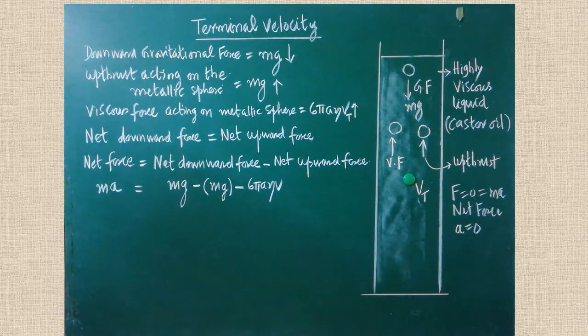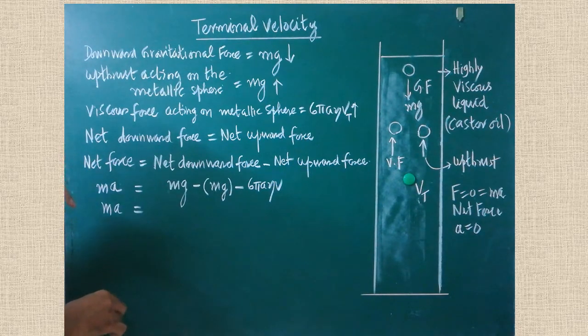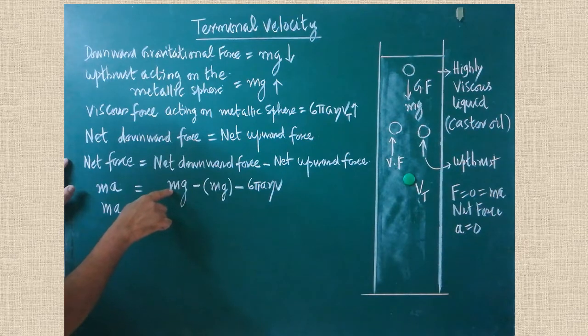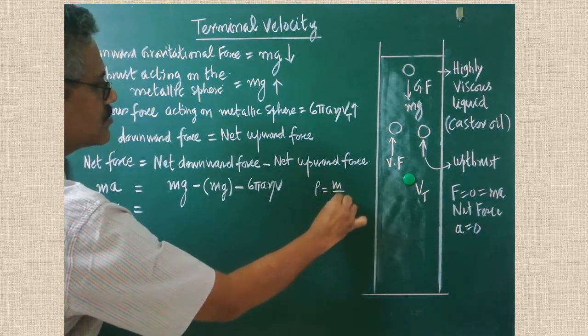Could you understand this? Here ma is equal to, here what is mg? Mg is nothing but gravitational force. How will you calculate the gravitational force acting on the body? Here by using a simple formula we are able to replace the m. Are you clear? How do you replace the m? Look at the formula. Density is equal to mass per volume.